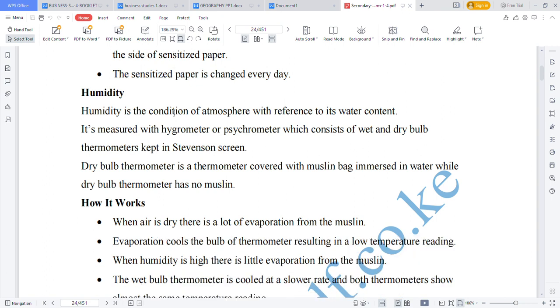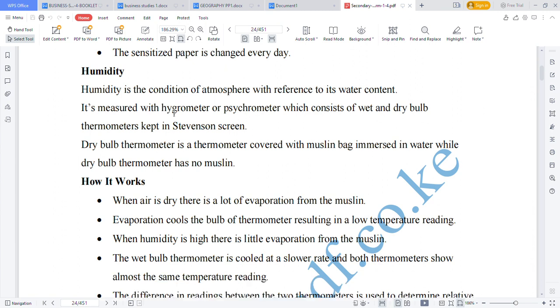We are going to humidity. What is humidity? Humidity is the condition of the atmosphere with reference to its water content.